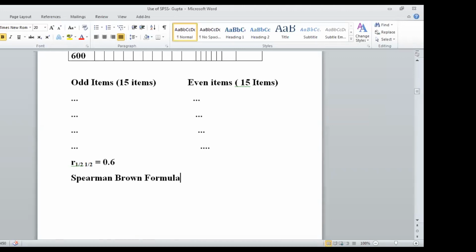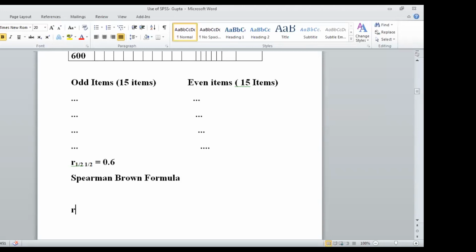Spearman and Brown were the two people who gave this particular formula for computing the correlation for the whole tool.